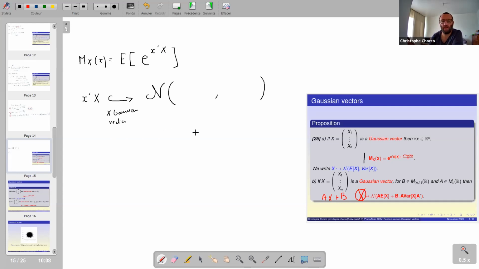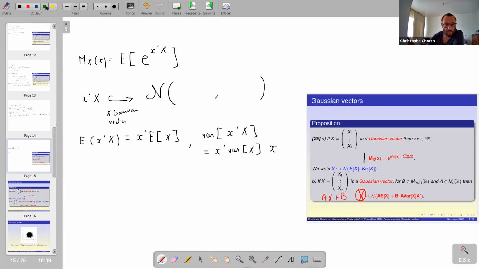Okay, so I have a Gaussian random variable, and if I want to fill the gap here, I just have to compute the expectation of x prime X. But we have seen together that the expectation of x prime X, by linearity, is just x prime times the expectation of X. And I also have to compute the variance of x prime X, which we have seen may be expressed as x prime variance of X times x.